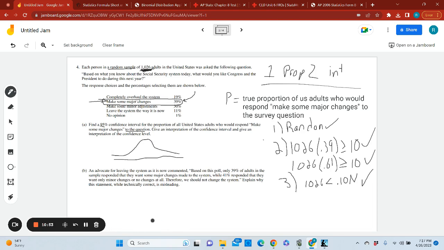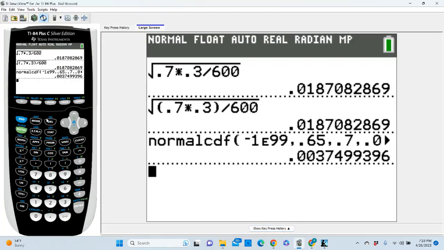How many standard deviations, or in this case, since we're going to be using a sampling distribution, how many standard errors do I need to add and subtract to my point estimate to get me a 95% level of confidence? So again, that's an inverse norm question. We should know by now that it's going to come out to be 1.96.